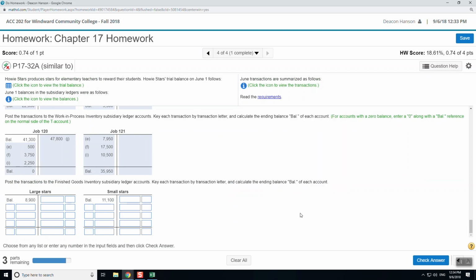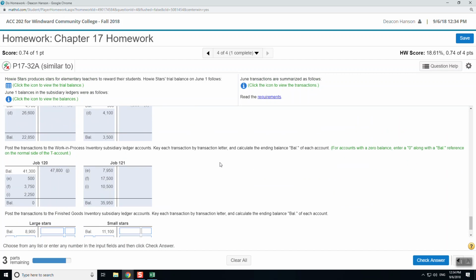Now we gotta break it down. This is the part where it kind of gets fuzzy a little, but we gotta break it down into what's in finished goods. How many large stars and how many small stars are sitting in the finished goods inventory? Okay, so we gotta think a little bit.